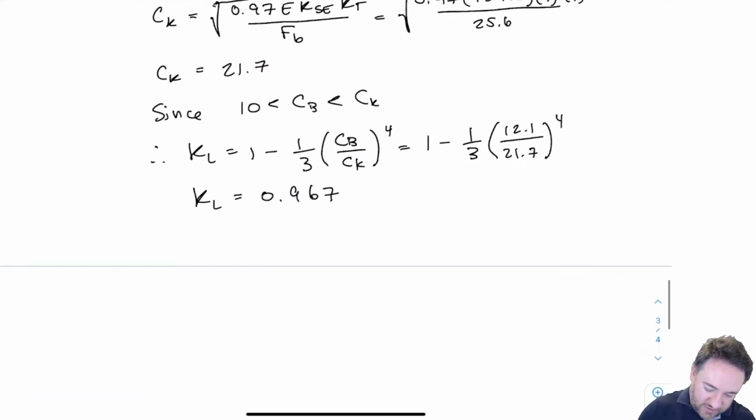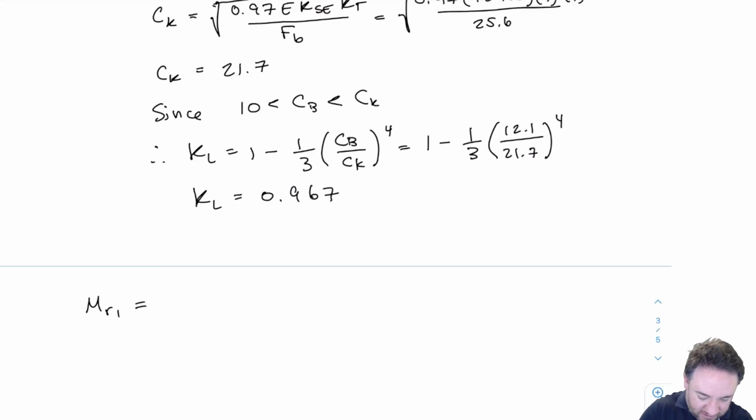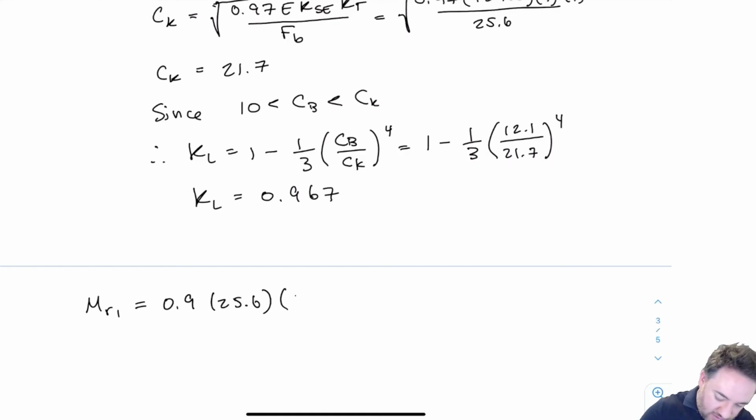All we've got to do is plug in our MR calculations. So this is the first one. That's phi. FB is 25.6. Then we have S, which happened to be 9042 times 10 to the 3. That's millimeters cubed. As always, be very careful with your units.